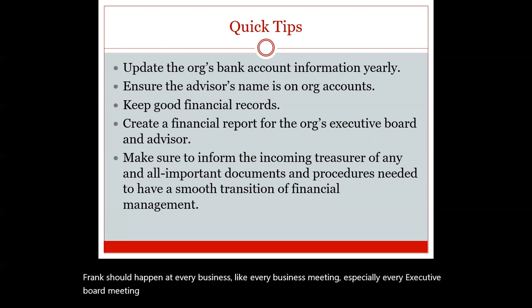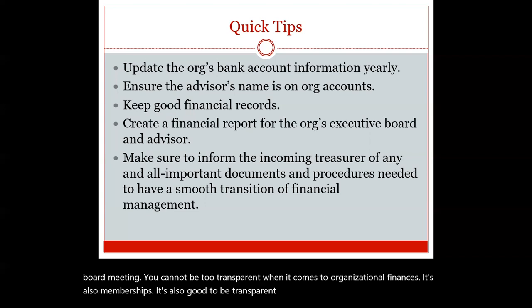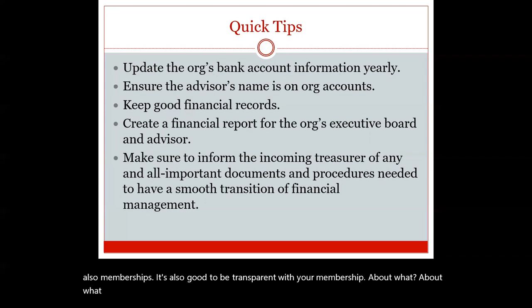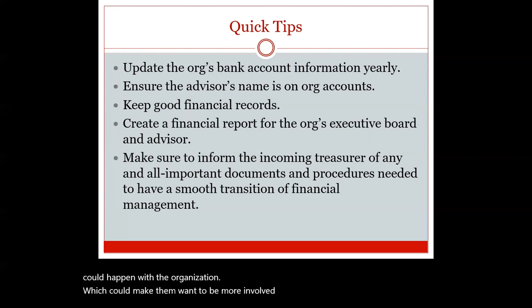You cannot be too transparent when it comes to organizational finances. It's also good to be transparent with your membership about what your organizational finances look like, so the members have a realistic idea of events that could happen with the organization, which could make them want to be more involved, possibly.